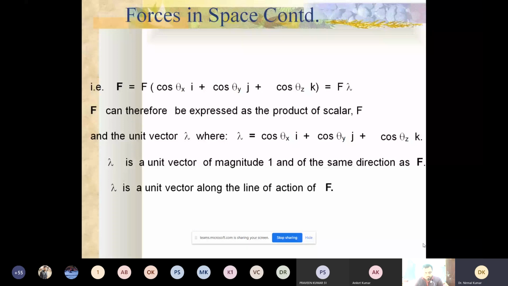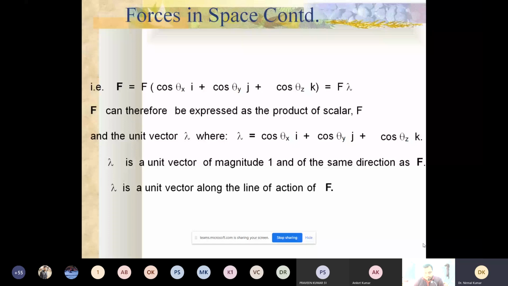We write the direction cosines in the form l, m, n, then l square plus m square plus n square is equivalent to 1. This is nothing but the magnitude of a unit vector, and you will get the unit vector equal to 1 if you square the direction cosines, and the square root of this will give you the value 1. And lambda is nothing but a unit vector along the line of action of F.